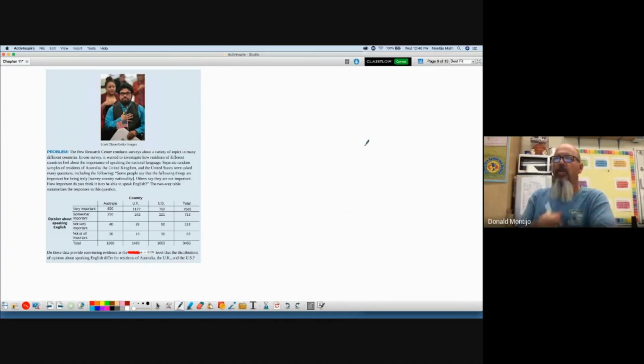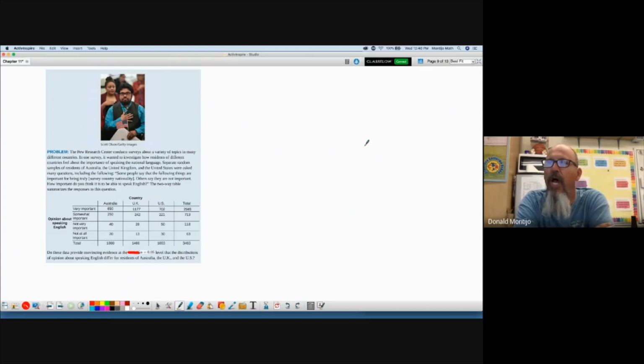Okay. So this problem says that the Pew Research Company conducts surveys about a variety of topics. One survey, they wanted to investigate how residents of different countries feel about the importance of speaking the national language. Separate random samples of residents from Australia, the UK, and the US were asked many questions, including, some people say that the following things are important for being truly a national of their country.